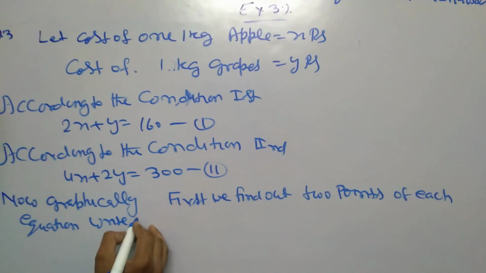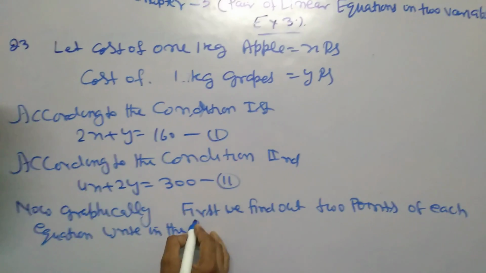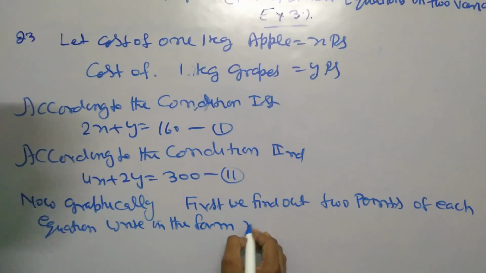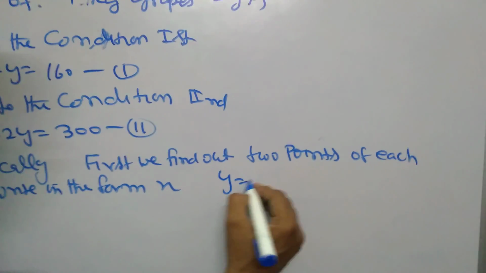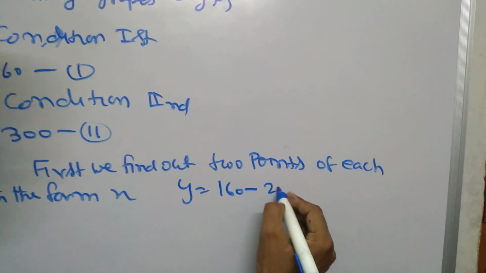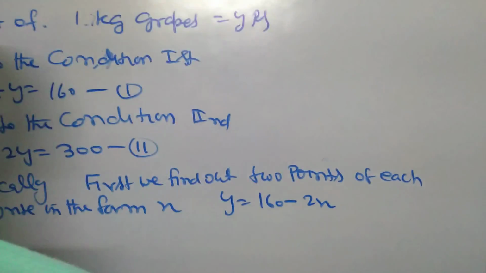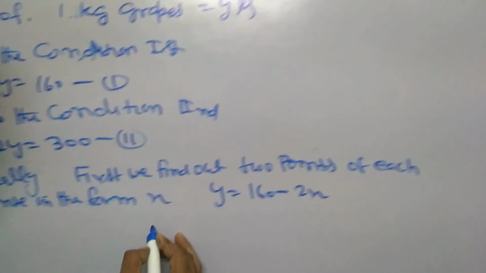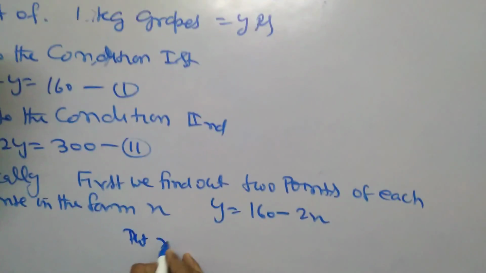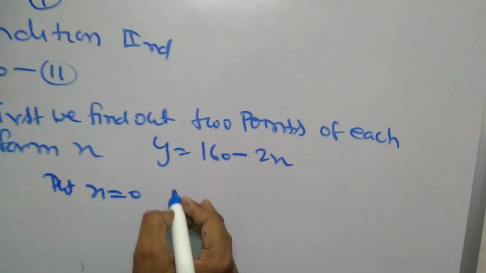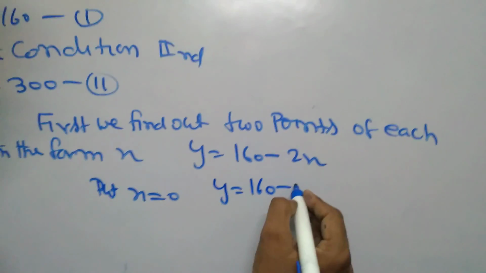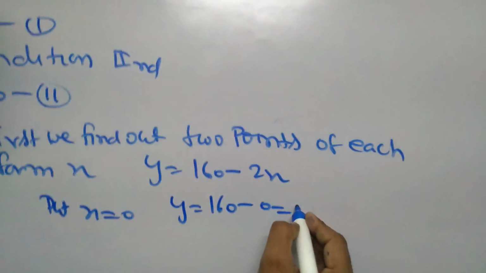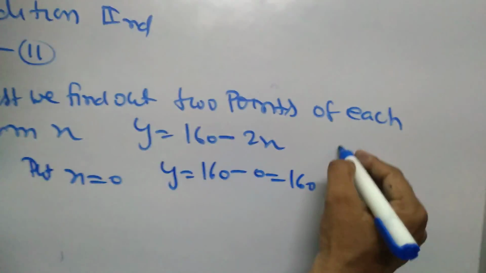Write in the form of y. y is equal to 160 minus 2x. Put x equal to 0, then we get y is equal to 160 minus 0, 160.